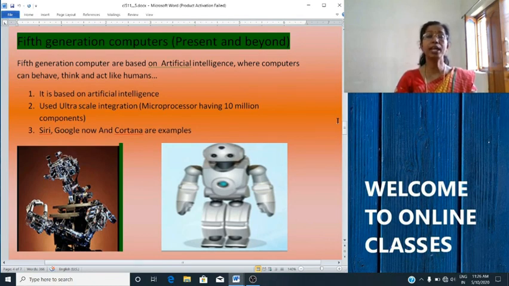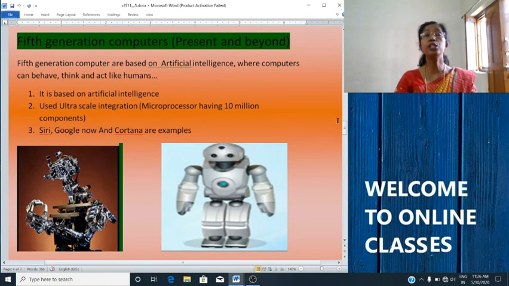They have the following characteristics. They have artificial intelligence. They are able to recognize images and graphs. They can take decisions and have logical reasoning.